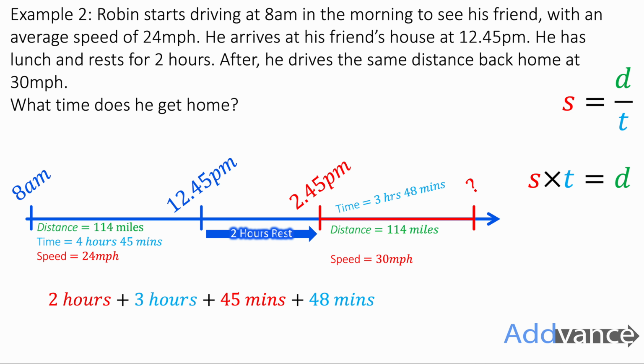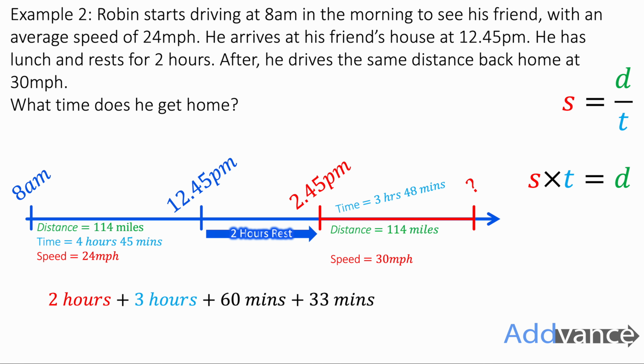Let's now work out what time he gets home. So he leaves at 2:45 p.m. and then 3 hours, 48 minutes later he gets home. So 2 p.m. plus 3 hours is going to be 5 p.m. We've also got 45 plus 48, which is 93. 93 is the same as 60 plus 33.